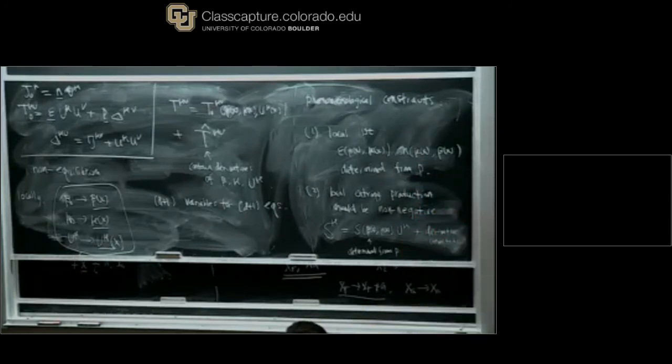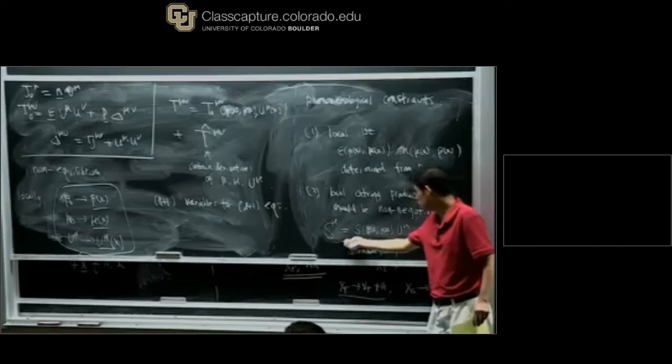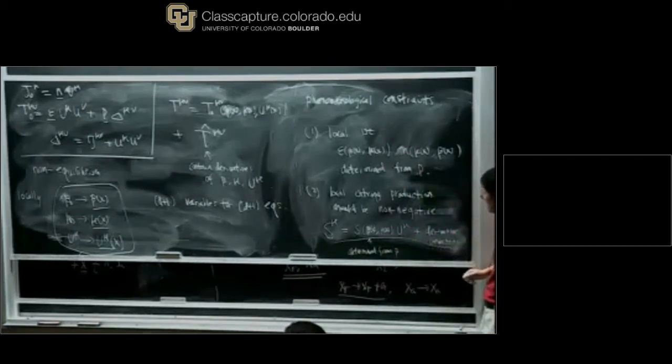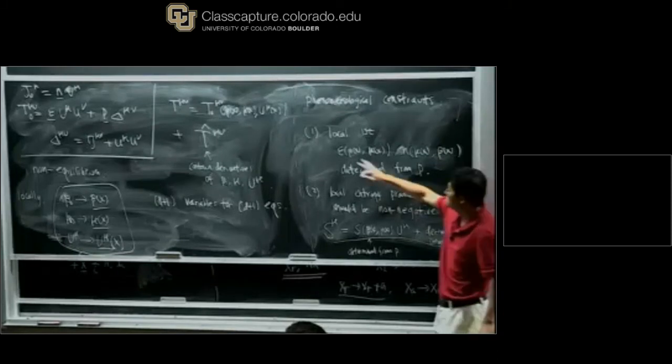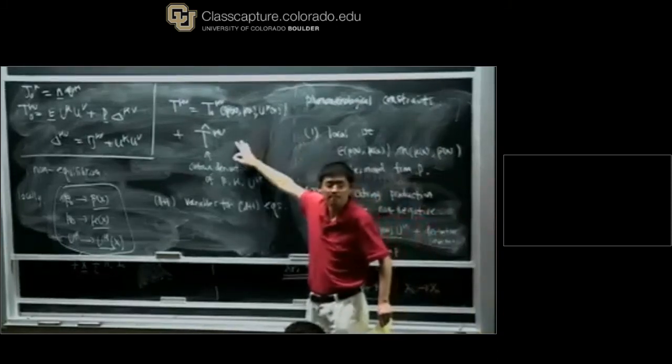So in practice, what you do is write down the most general entropy current, and then you look at the equation of motion.